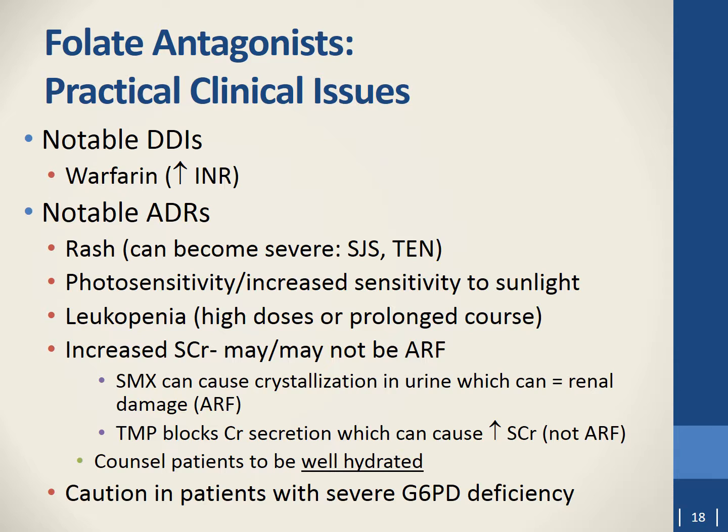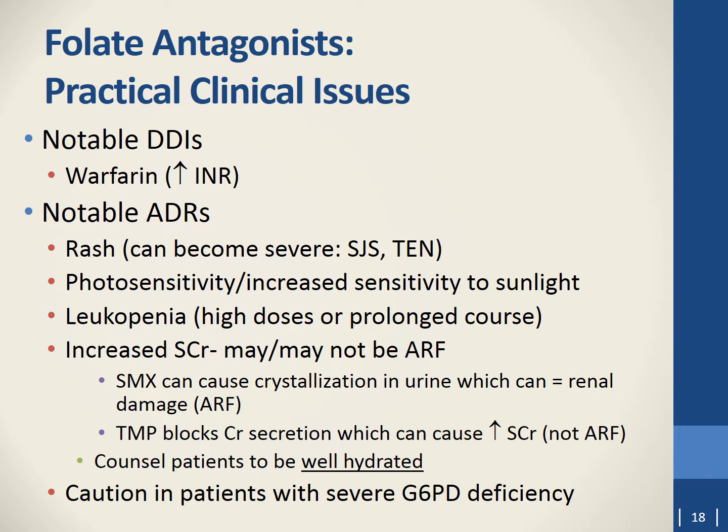There are some significant skin reactions that can occur with these drugs, most notably a rash. The rash can be just a basic antibiotic rash or allergy rash, but in some instances we can see Stevens-Johnson syndrome or toxic epidermal necrolysis. So when someone has a rash from TMP sulfa, it should be evaluated.